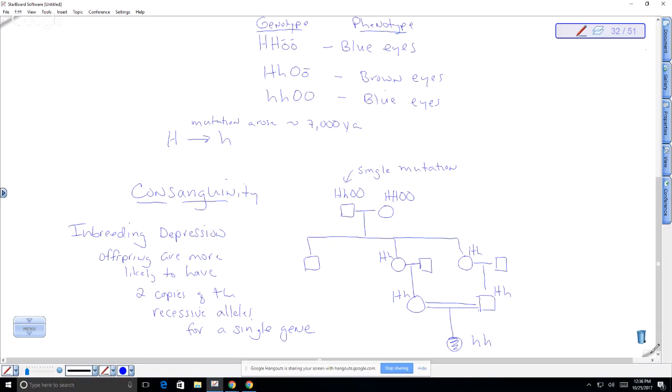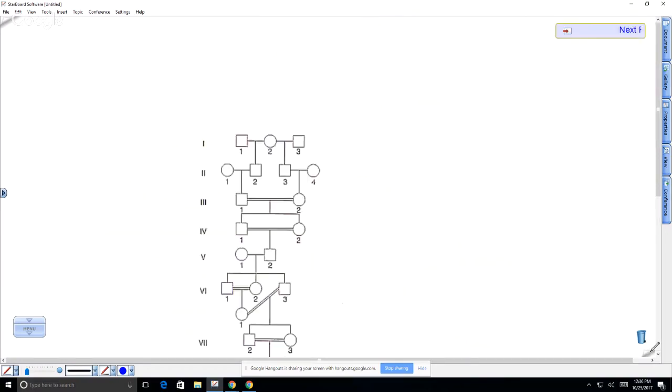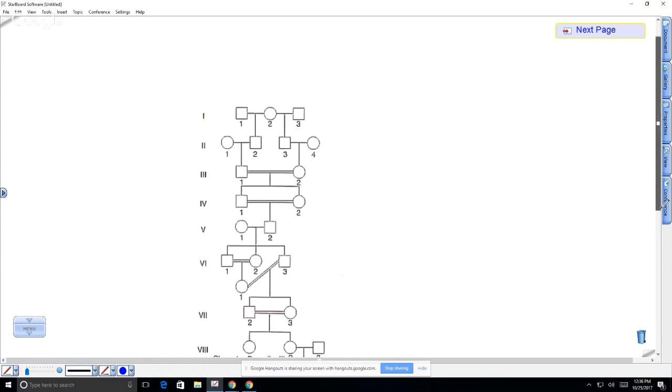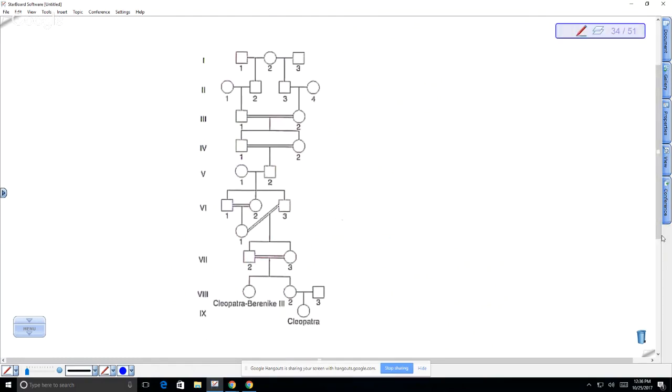And in some instances, people actually chose to keep their bloodlines pure. So there was a misconception in Europe, particularly, where they thought there were royal lineages, right? And so that royal blood was better than non-royal blood.